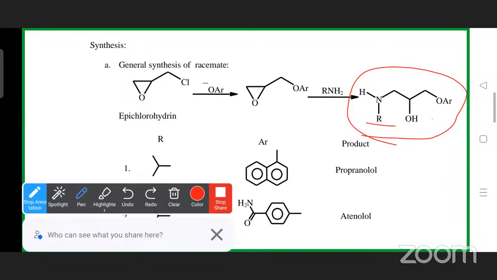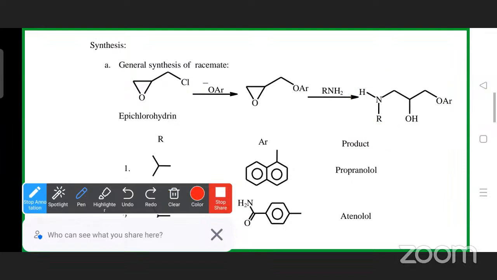And here is an Ar group here, aromatic, right? Aromatic means an aryl group and R. So by changing the aryl group, by substitution of different alkyl groups and aryl groups, it gives different drugs here.